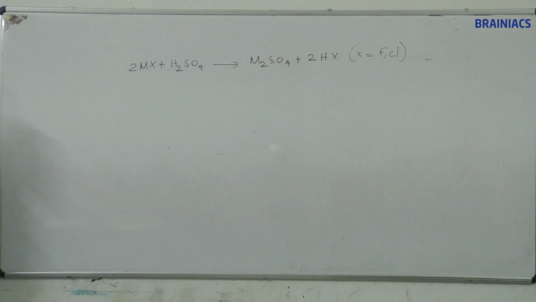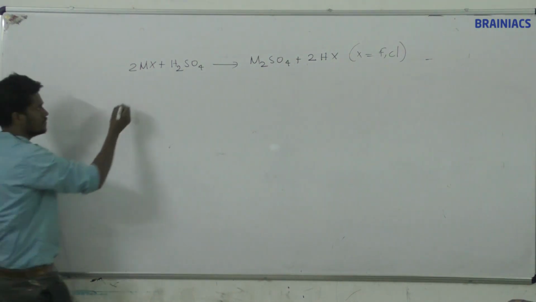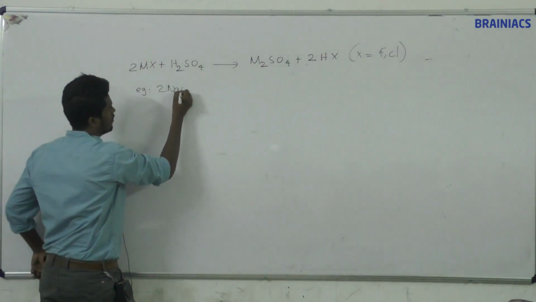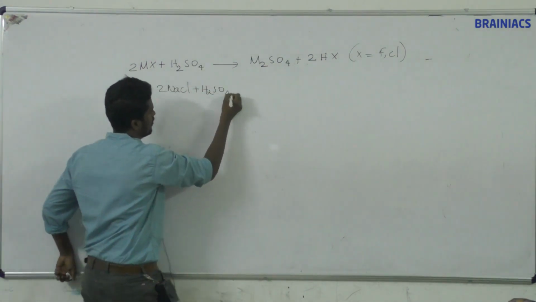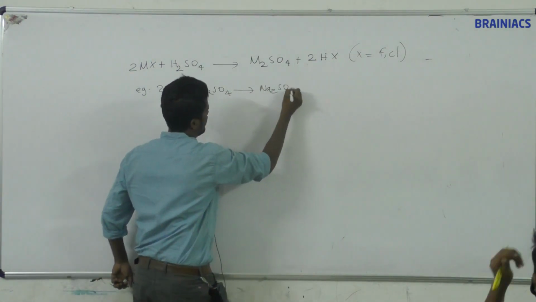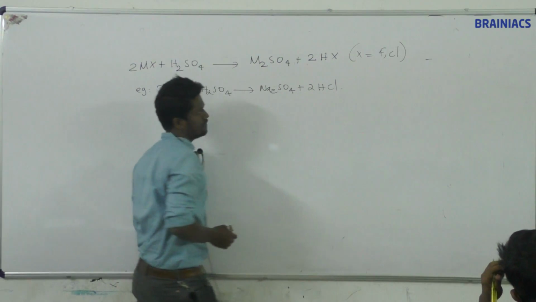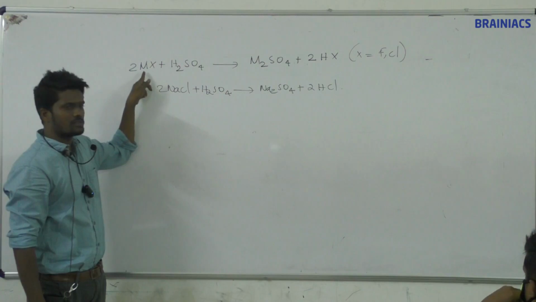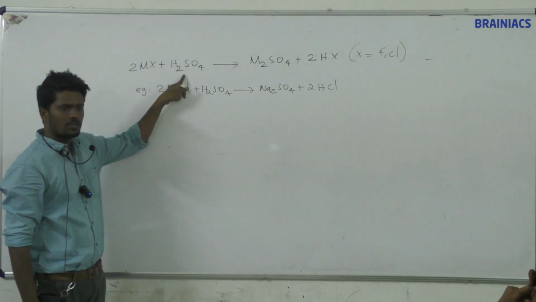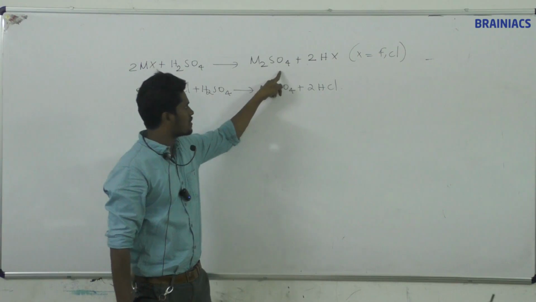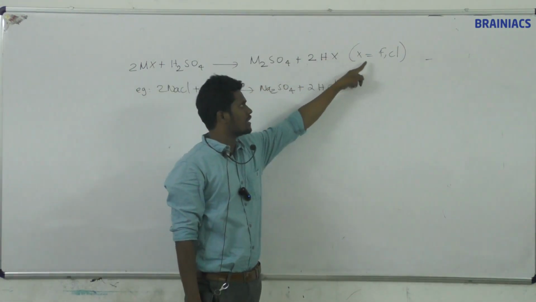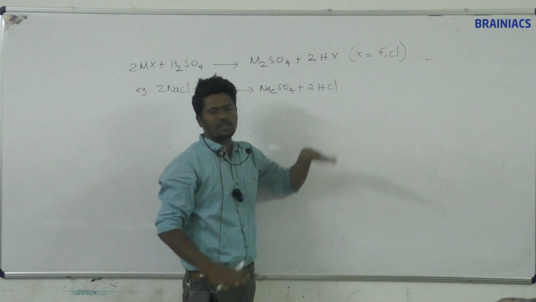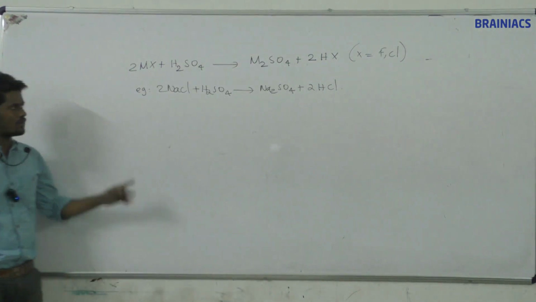So metal halide MX reacted with H2SO4 gives metal sulfate and what? HX. That is HF and HCl, which are volatile acids.